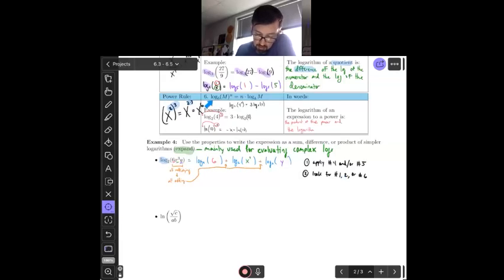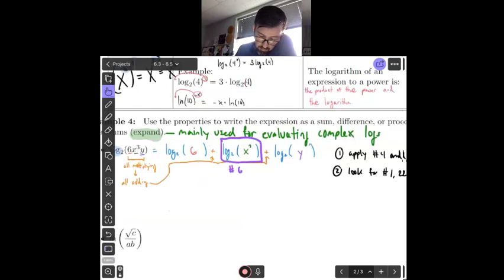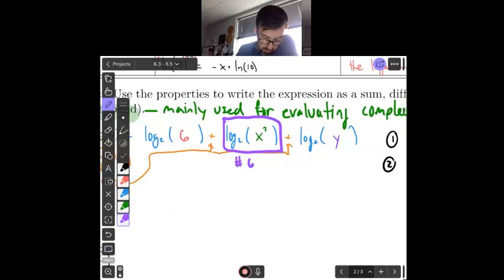Property 6 says that if there's a power, I need to bring it to the front. Any powers? Nope. Power. Oh, there's power. So property 6. The log base 2 of 6 is not going to change. Plus is not going to change. What's going to happen here?